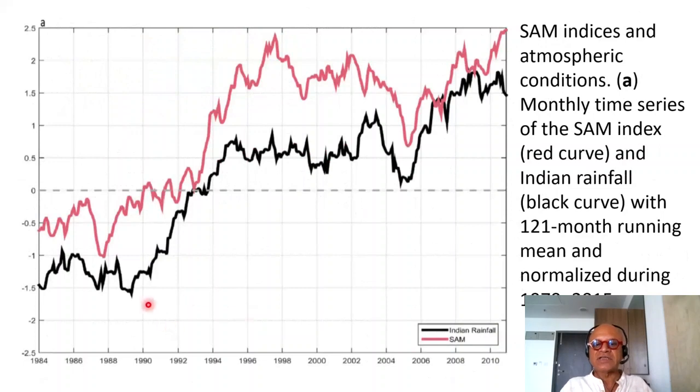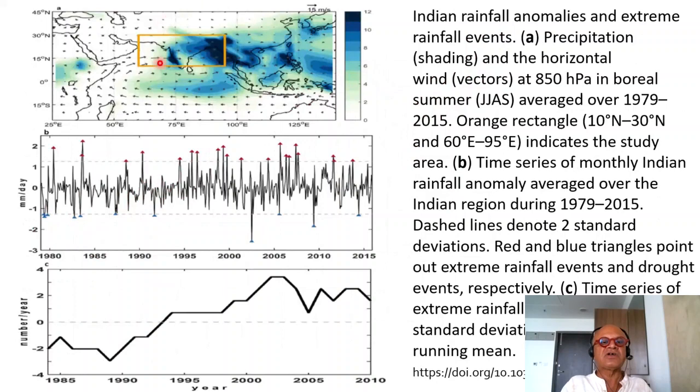Here we are looking at the SAM index changing from negative to positive in the 1990s, and it has stayed positive into the 2010s. This goes to 2015, and the monsoon decadal variability also has moved into the positive. There is lots of debate about which data set is correct and which is not, and the box taken here is large, so it's not just focusing on the Indian subcontinent, it's also including the Bay of Bengal, which has lots of rain.